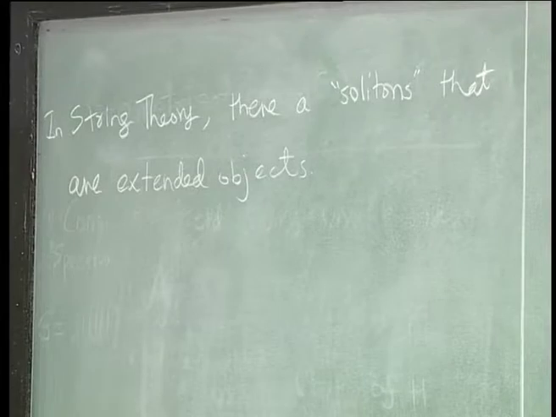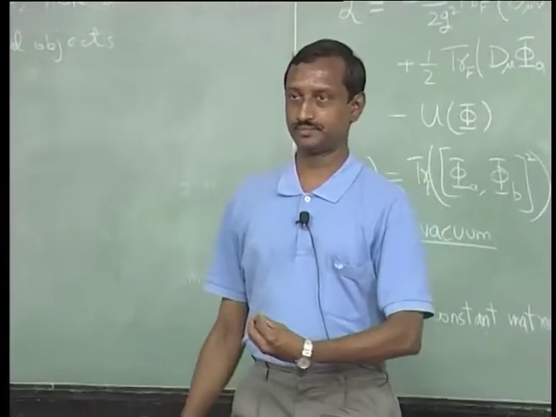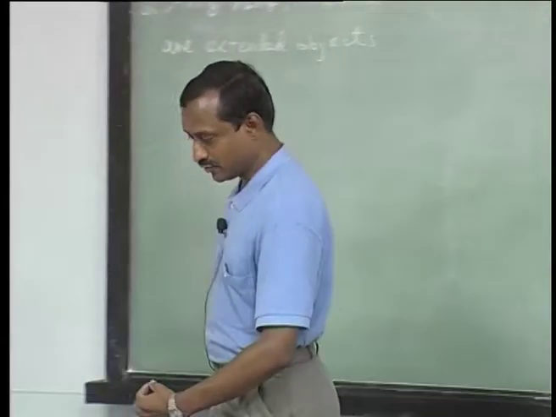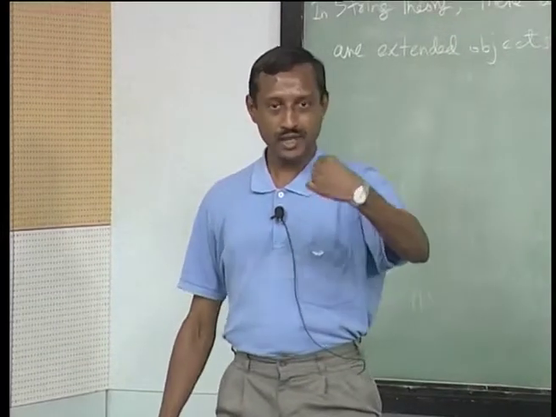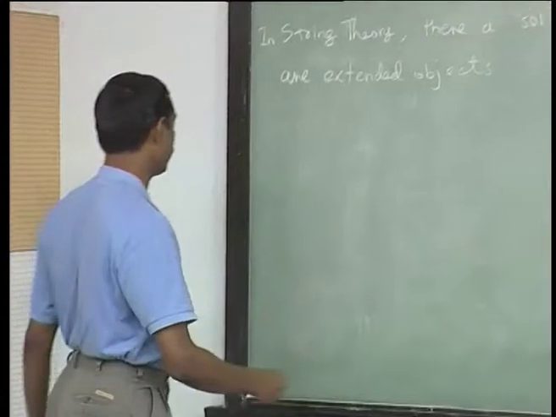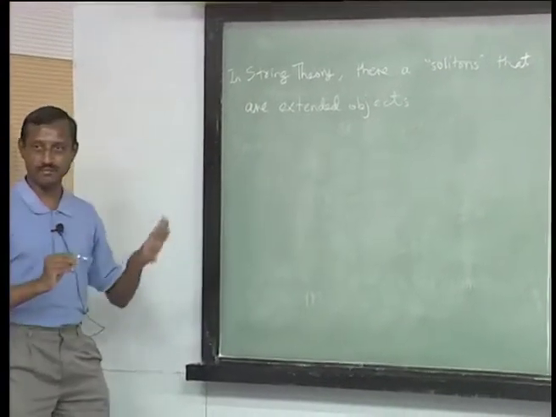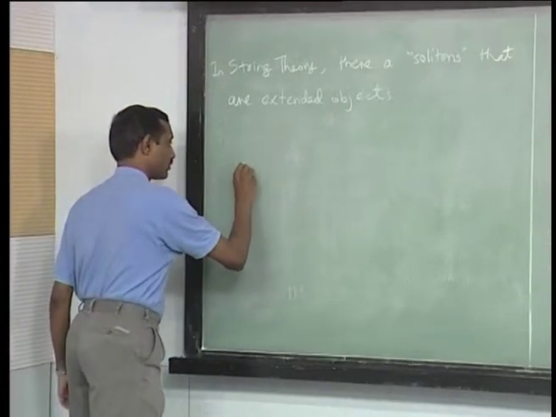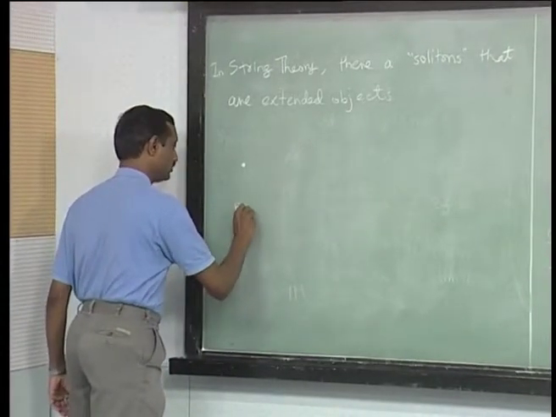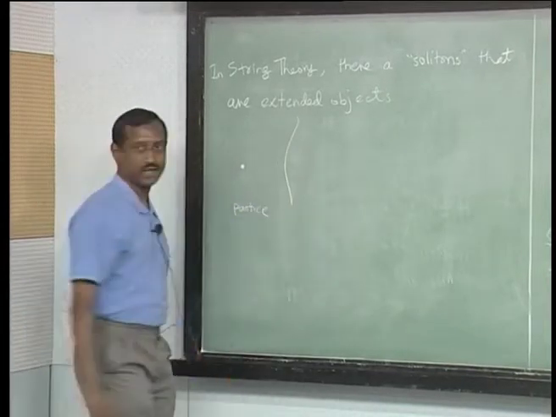Most of the solitons, like for instance we saw the kink soliton, that was like a particle, okay, and if you look at its time evolution in spacetime, it is like a line, okay. But there could be something else, so let us draw the space picture. There is always a time, so this is what we would have called a particle, but there could be something else which is extended in one direction.